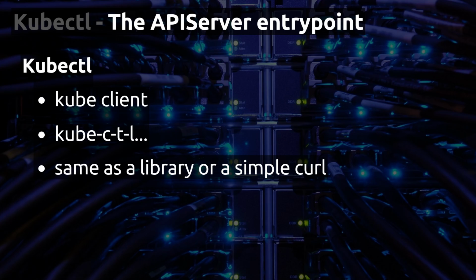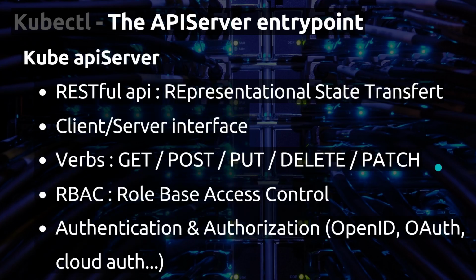And in the next video, we will see that we can use kubectl, but do the same thing with the simple curl command. It's a little bit more complex, but we can do it in our terminal with a simple curl. And the kube API server is a RESTful API, not SOAP or GraphQL.